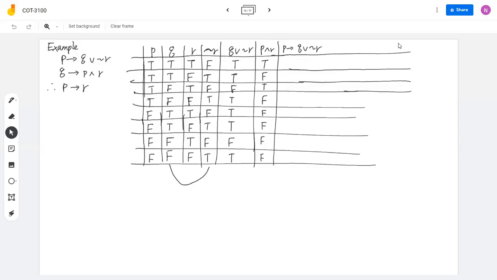That's why we pre-compute this, and give it a special name. Let's call it X. So this is nothing but not P or X, and that makes our job much easier.